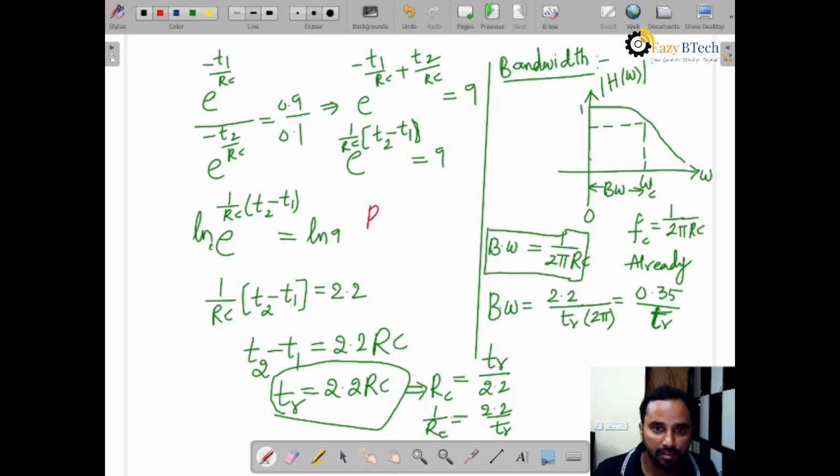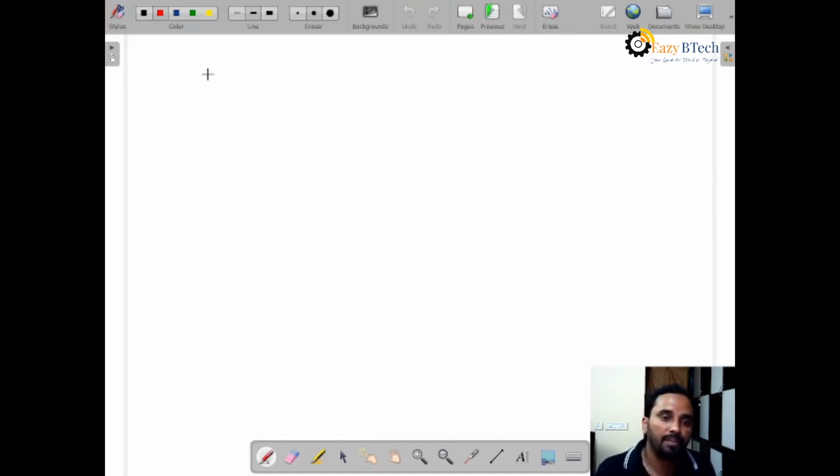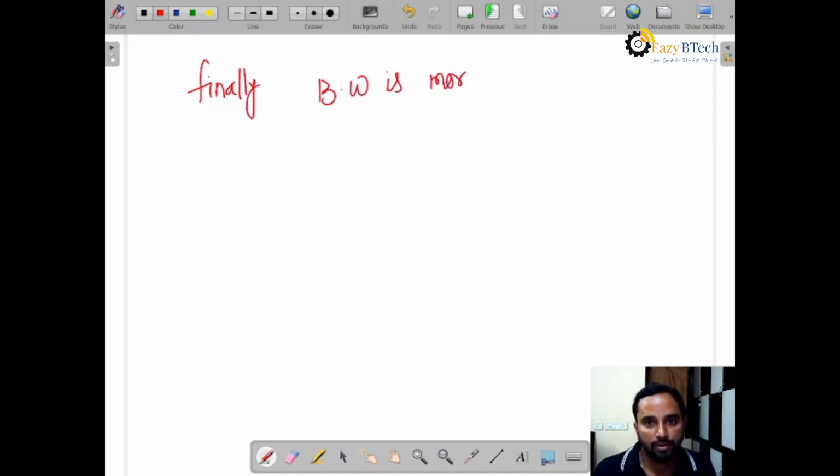So I am writing bandwidth is equal to 0.35 divided by rise time, or bandwidth into rise time is equal to constant 0.35. And finally, if you observe the relation, if bandwidth is more, rise time is small.